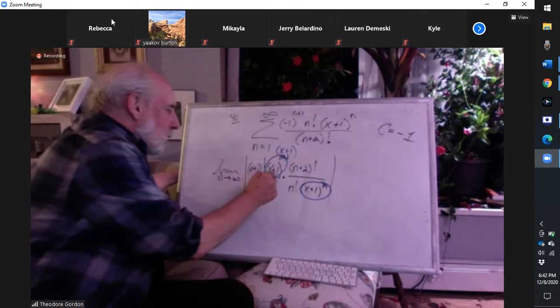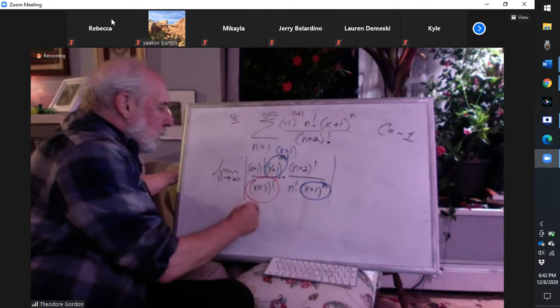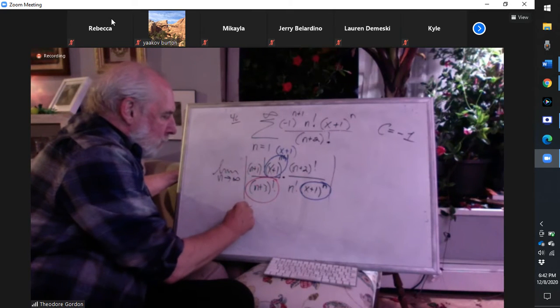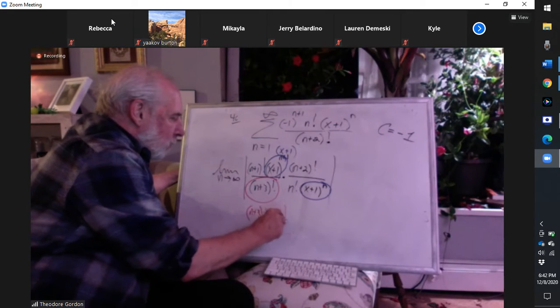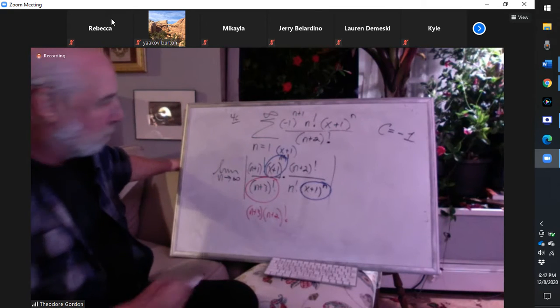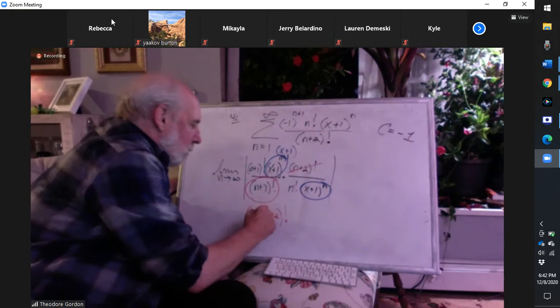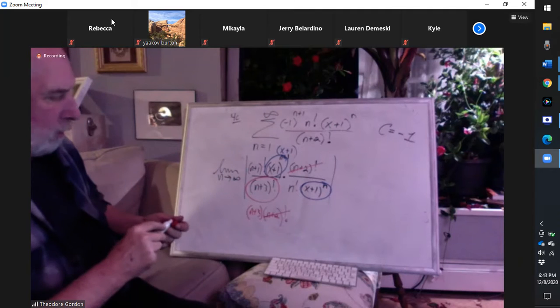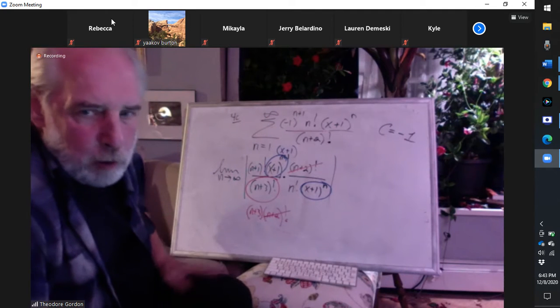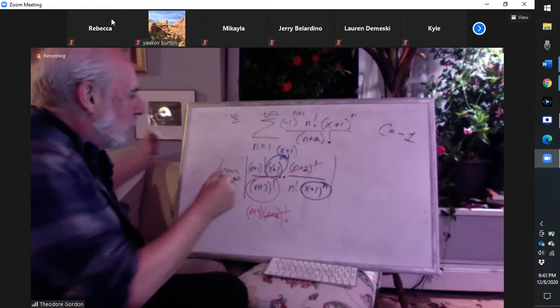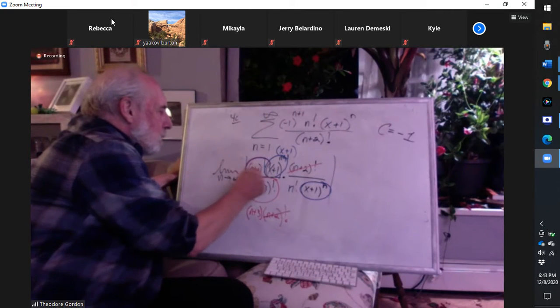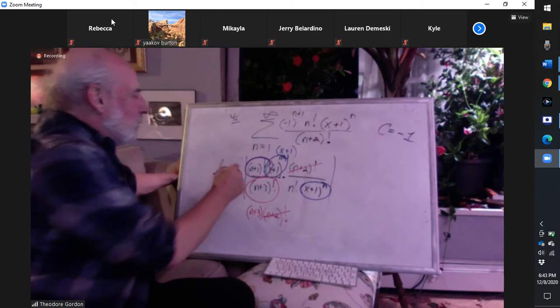Right here, n plus 3 factorial is n plus 3 times n plus 2 factorial. That's how they cancel out. So this cancels out with that. And there's one more. I know this is messy because I don't have enough space to do it here. Here we have n plus 1 factorial.